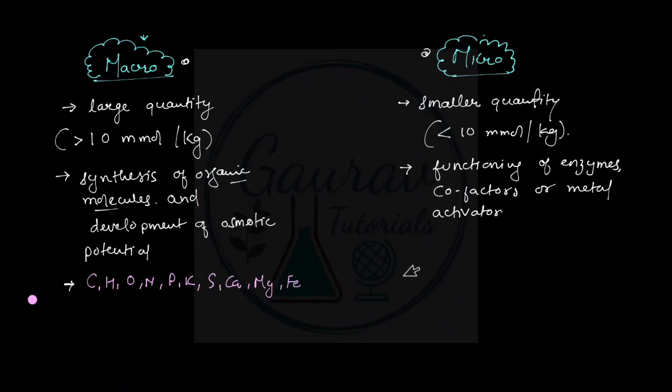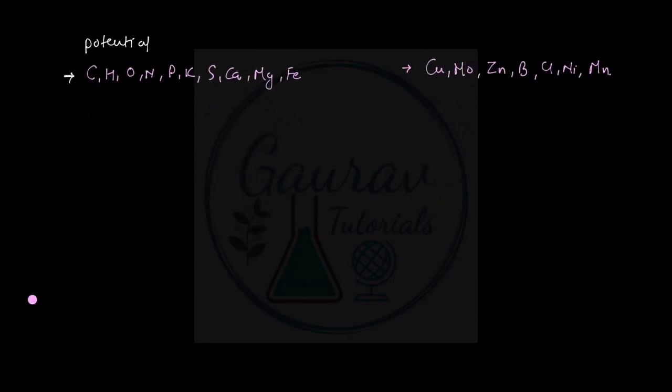Here on the micronutrient side, I could have elements like copper, molybdenum, then zinc, boron, along with some amount of chlorine, then nickel and manganese too.